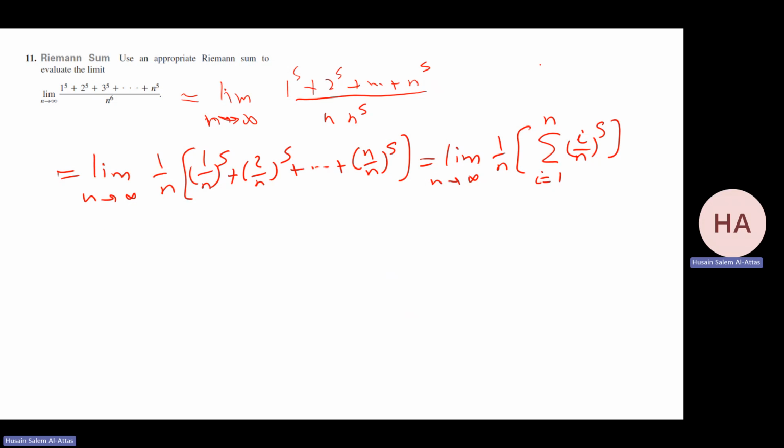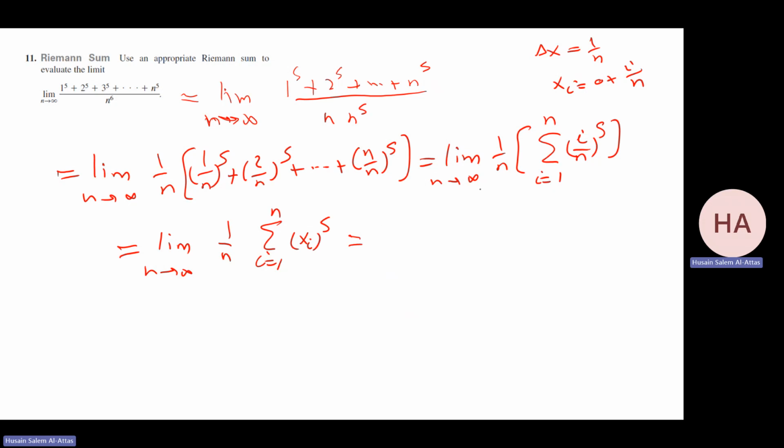Now do the same thing. Delta x equals 1 over n, xi is 0 plus i over n. So that limit will be 1 over n summation, i equals 1 to n, xi to the power 5.